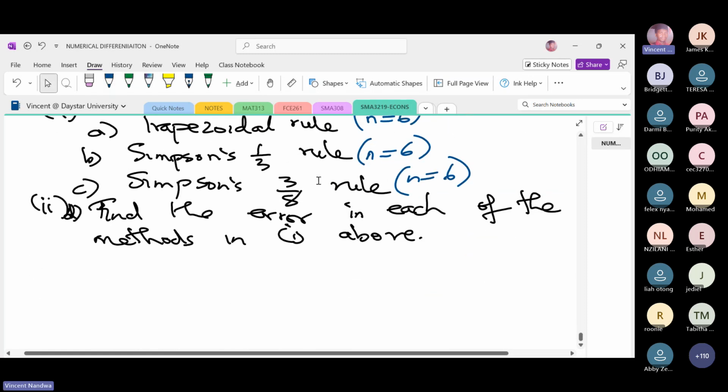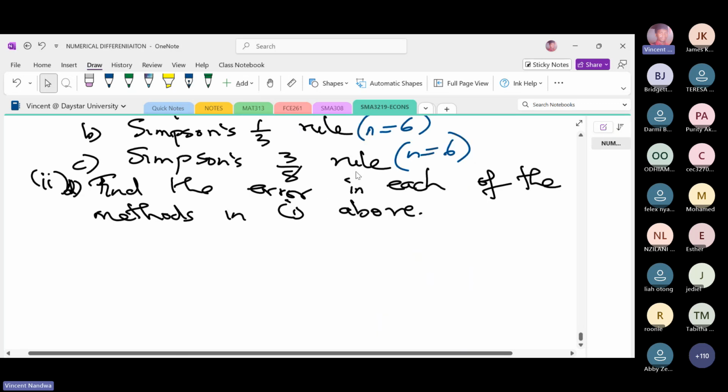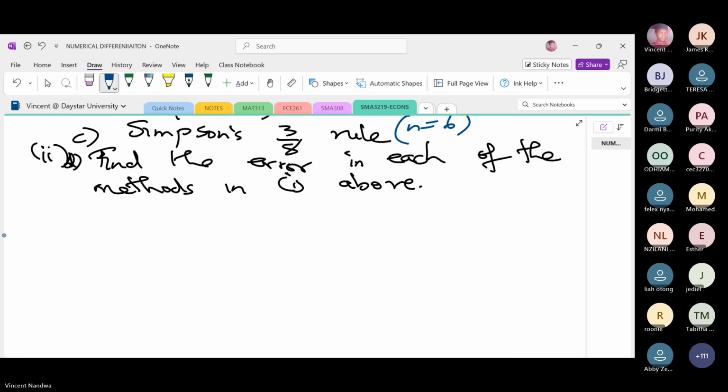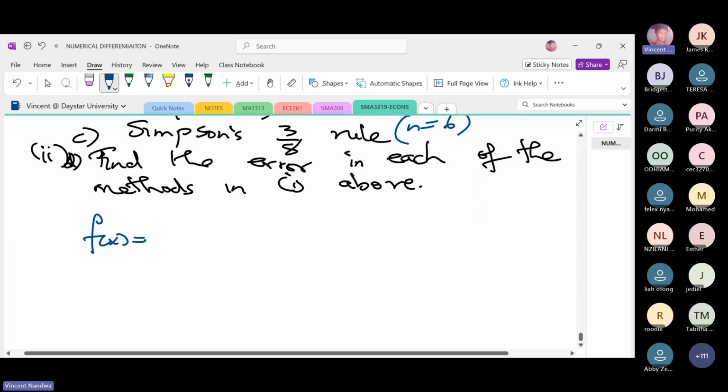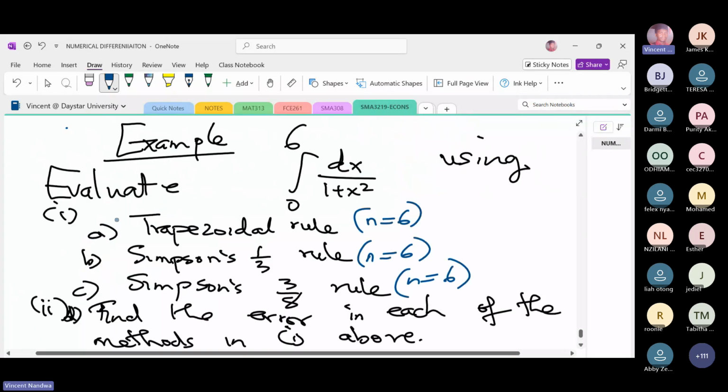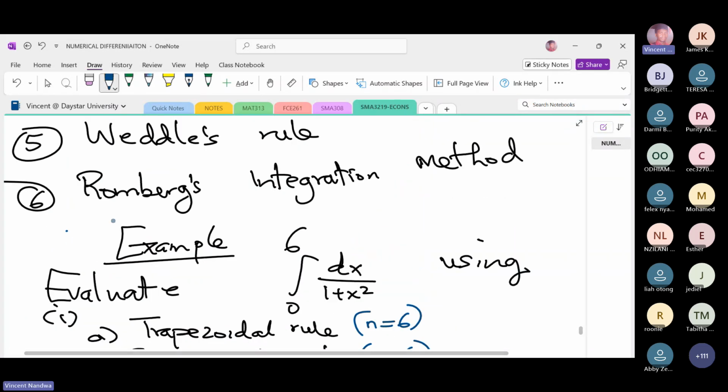So what happens now? The first thing is to identify your f of x. So if you relate this to the general integral from a to b, f of x dx, what will your a value be?